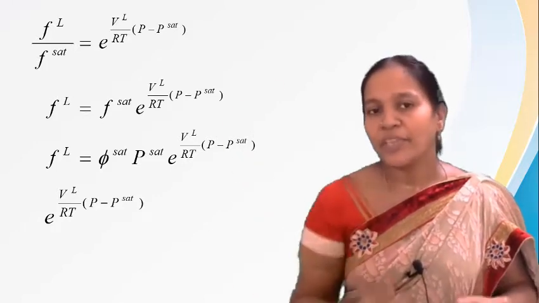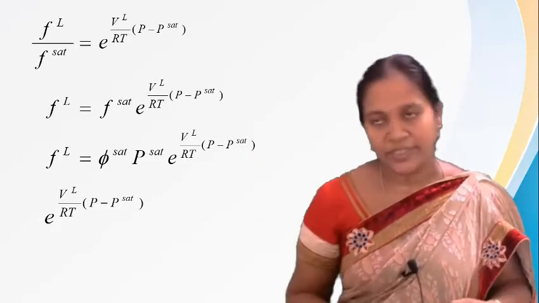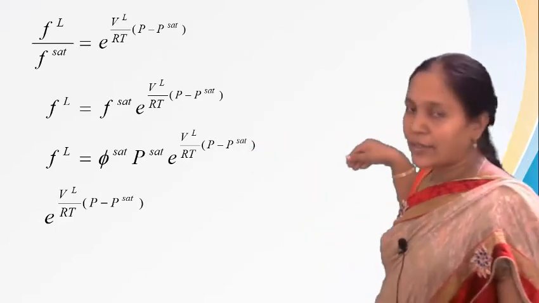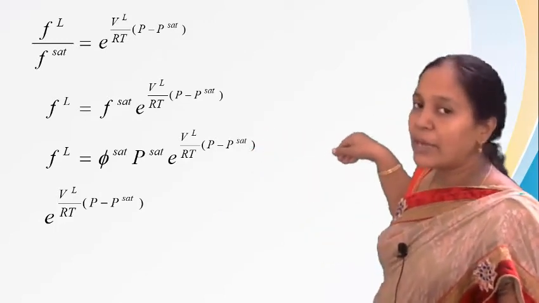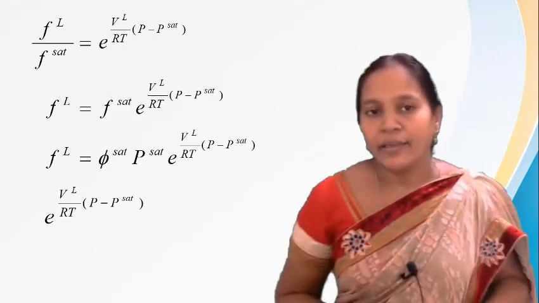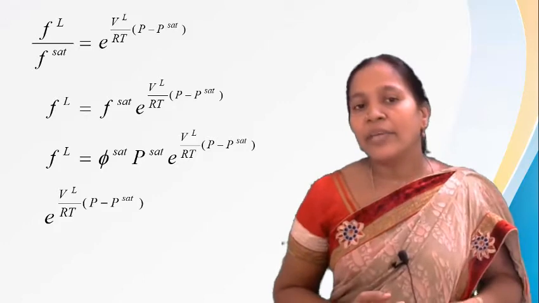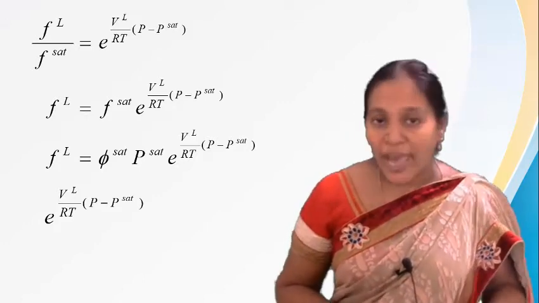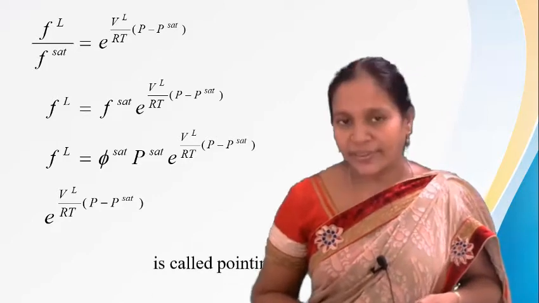This is coming from the definition of fugacity coefficient. Therefore, FL is equal to phi sat into P sat into e power (VL by RT) into (P minus P sat). Therefore, e power (VL by RT) into (P minus P sat) is known as Poynting factor.